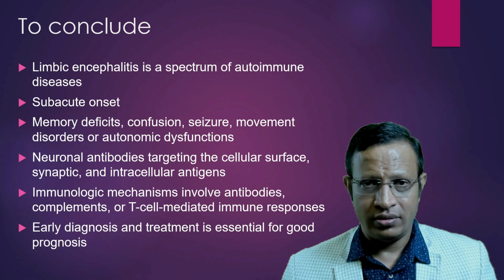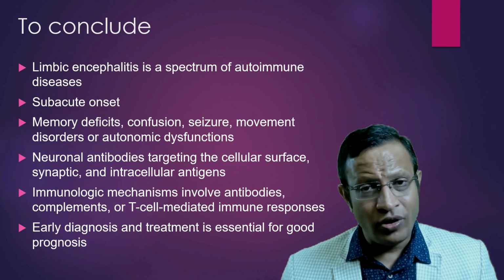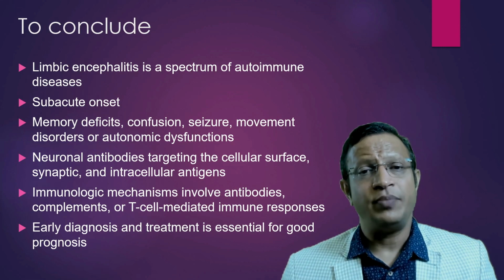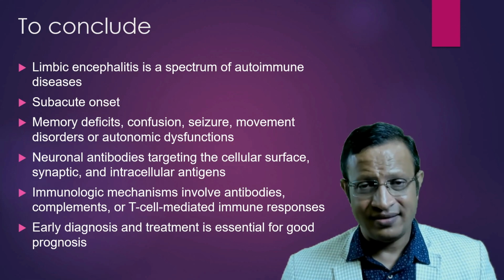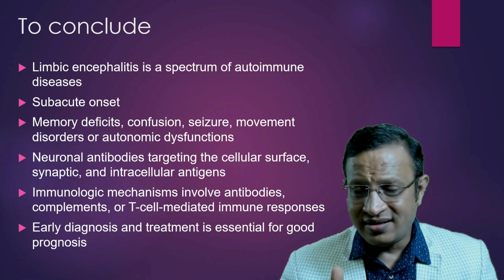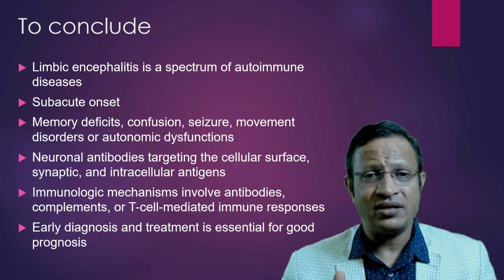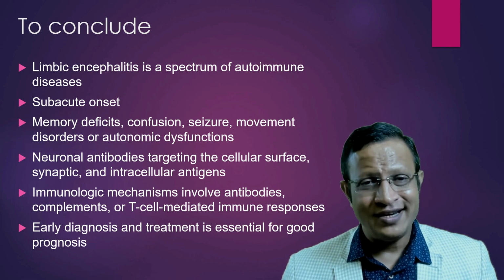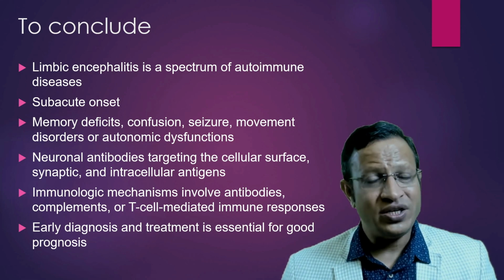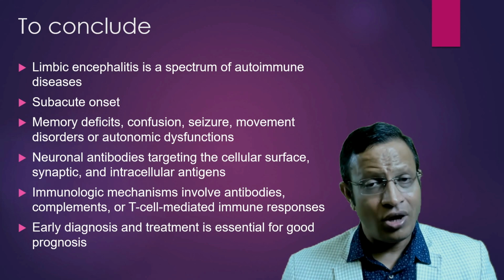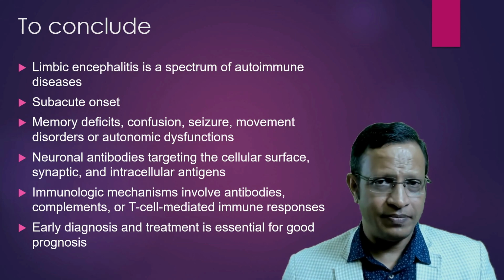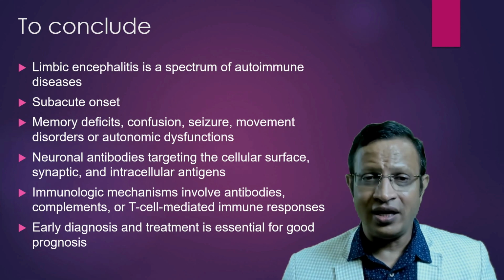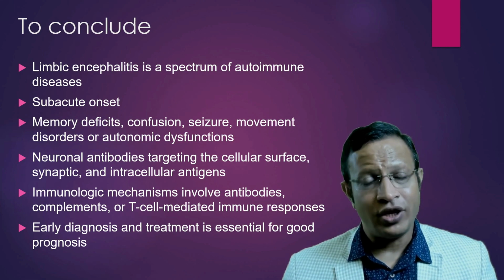The immunological mechanisms involved are the production of antibodies against these neuronal cells, receptors, or intracellular proteins. It can be complement mediated or else T-cell mediated immune response, which can cause autoimmune limbic encephalitis. However, the outcome depends upon the suspicion, early diagnosis, and treatment for a good outcome.